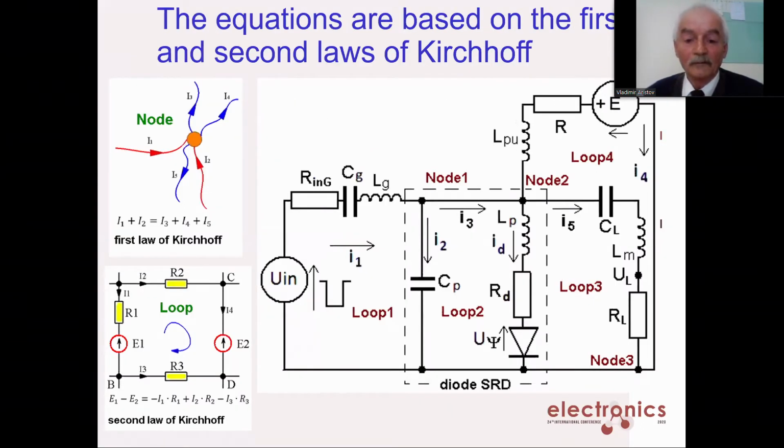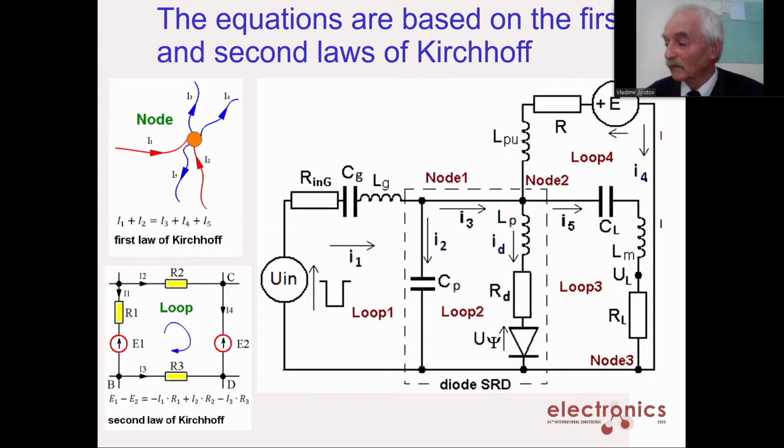How to find the voltage and current in a complex circuit? The circuit has a lot of active and reactive elements. At the input is a voltage pulse, in general of an arbitrary shape. To solve this problem, we use the solution of a system of differential equations.